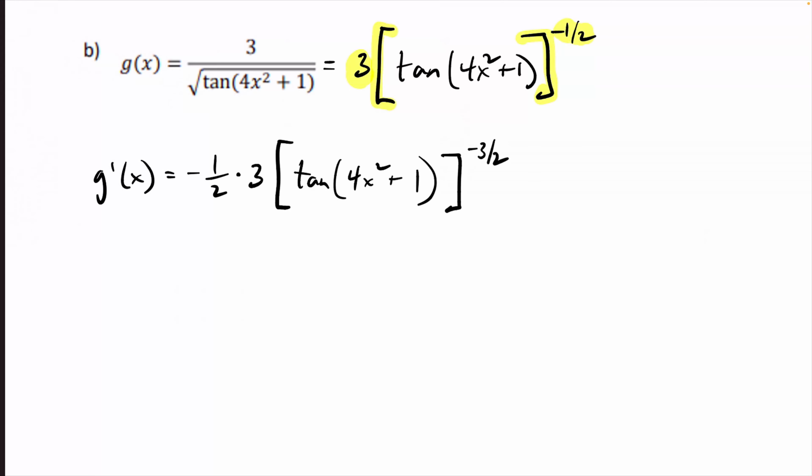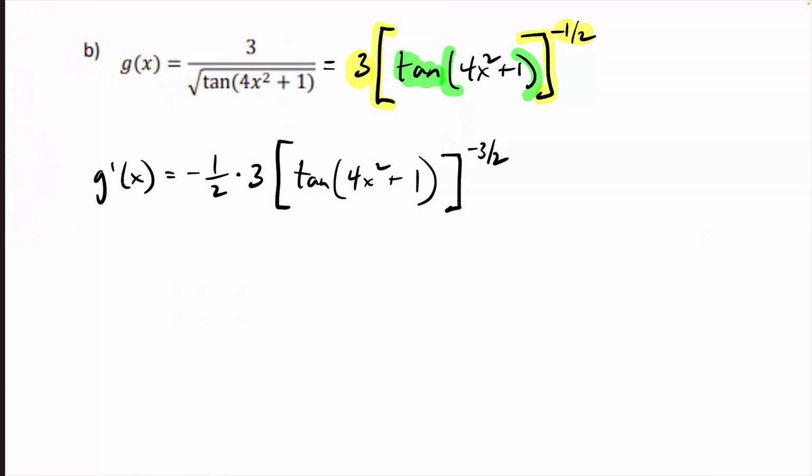Second layer was the tangent. What was the derivative of tangent? I believe it was secant squared. Yeah, secant squared, okay.